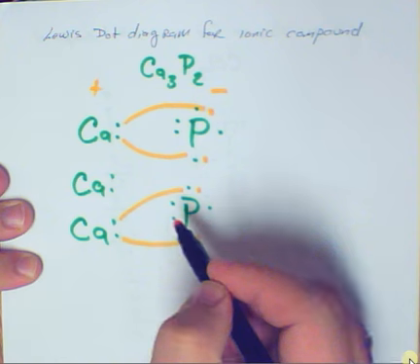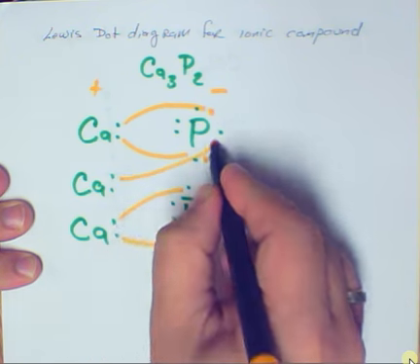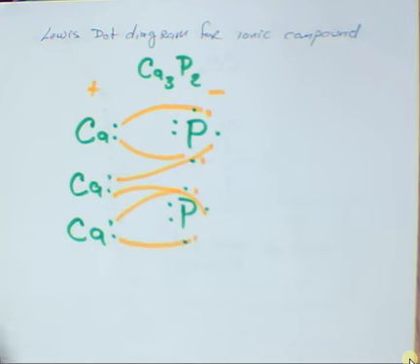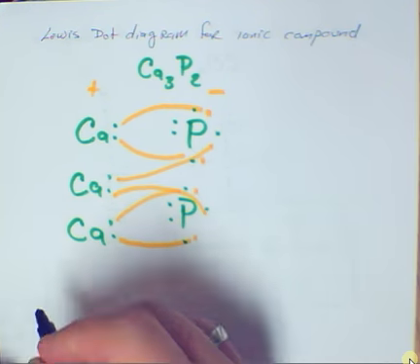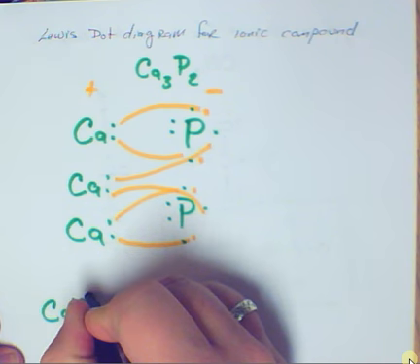But each phosphorus wants to have 8, so this calcium will give up its electrons like that, and then you'll be left with a positive calcium.